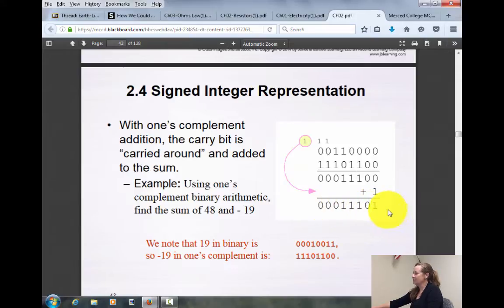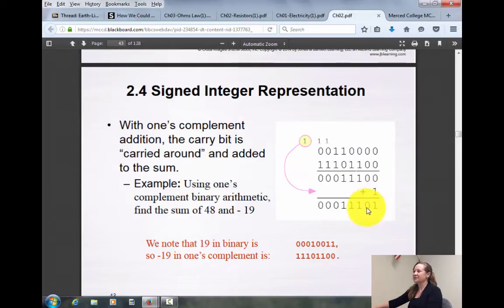Let's see, 2, 4, 8, 16. So that'd be 29.